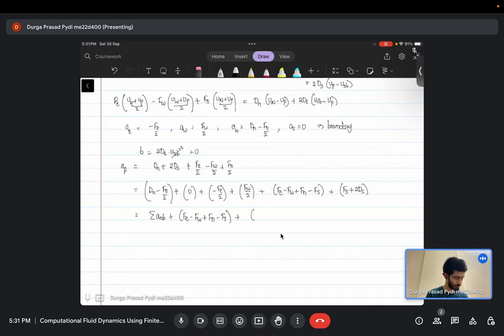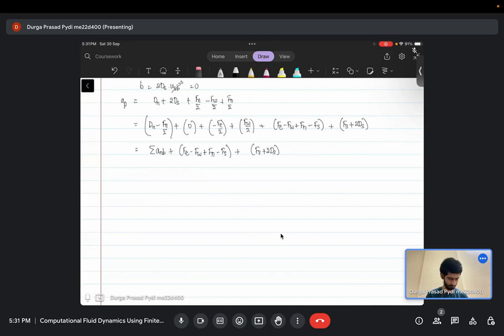In addition, I am having this term. So this is coming because of the Dirichlet condition, and this is coming because of the convective condition. I mean, both are coming because of the Dirichlet condition, and one is the convective term, the second one is the diffusion term.